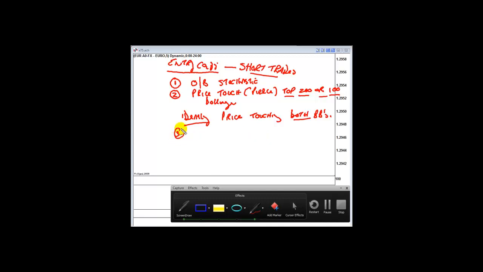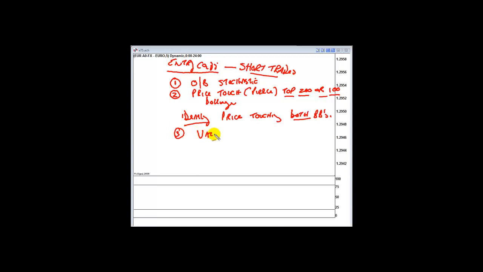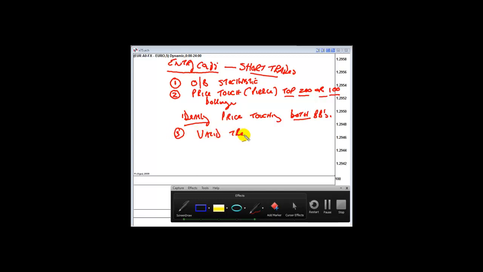And the third condition is we want a valid trend line to have formed. This is the entry condition, remember, entry condition. I'm not talking about the actual entry itself. So we're looking for the conditions, in other words, the setup before the trade can be considered.